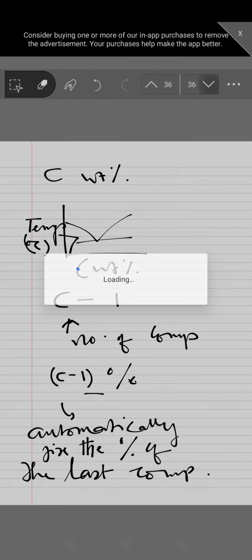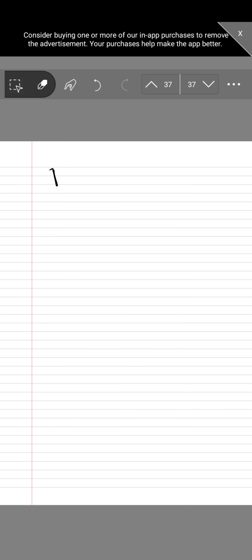Now again, if P is the total number of phases at equilibrium, then multiplying P with C minus 1 gives you the total number of composition variables.